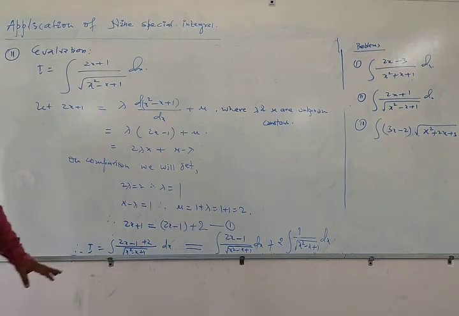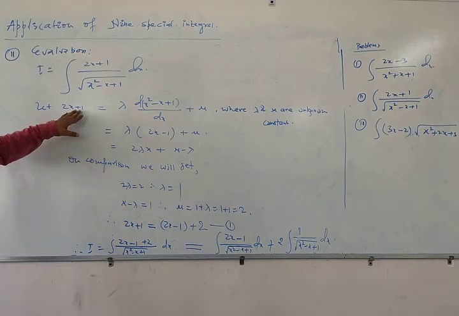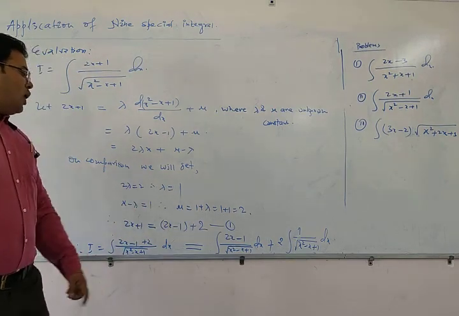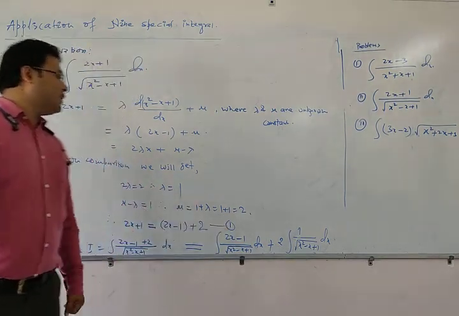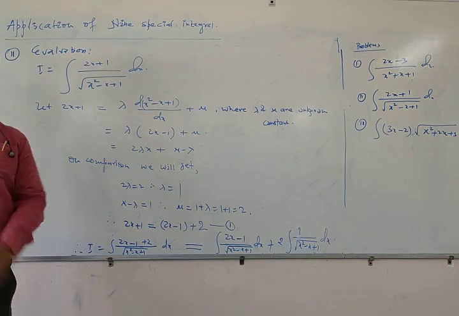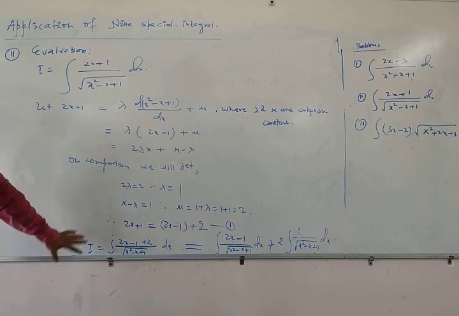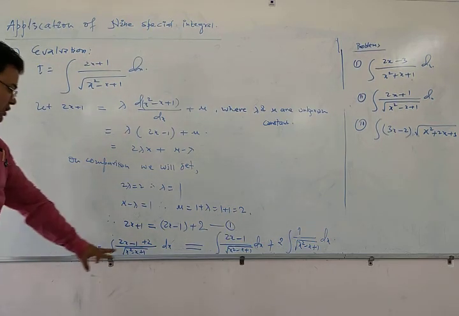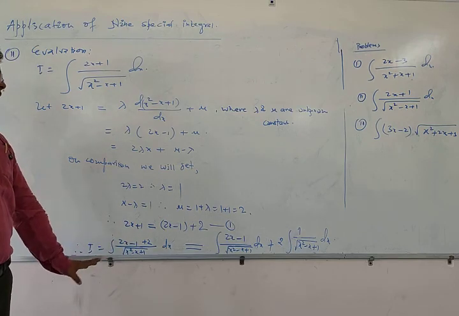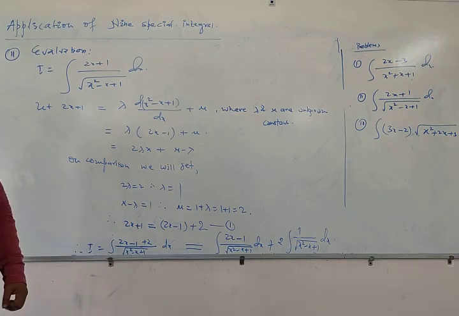So we have to write 2x plus 1 is equal to 2x minus 1 plus 2. Now we use equation 1 in the given integrand in place of the linear expression. So I becomes this, equal to this. Now we will separate this integral into two different integrals.